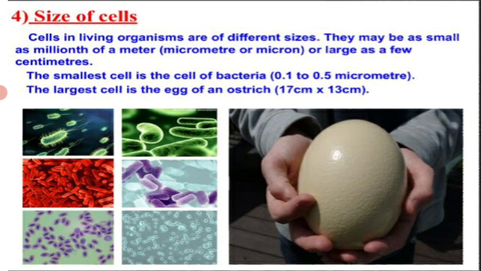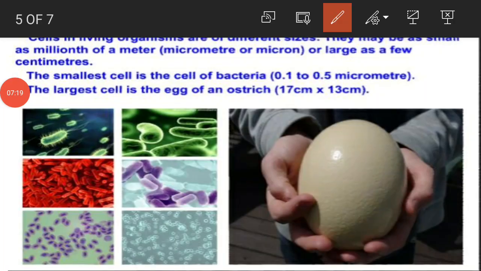Some cells are as small as a millionth part of a meter, and some cells are a few centimeters, like the ostrich egg cell.